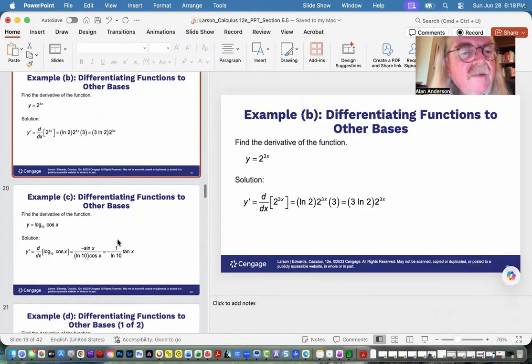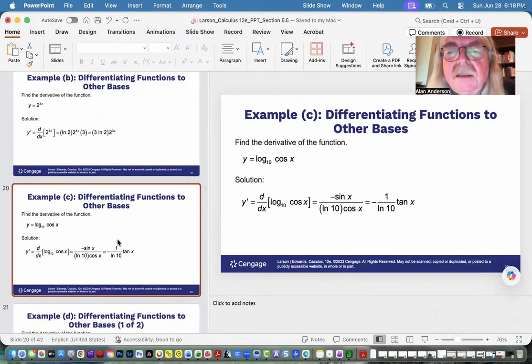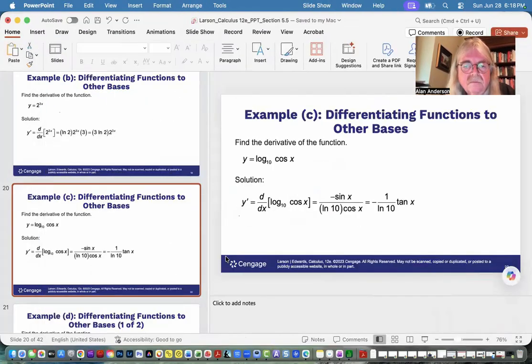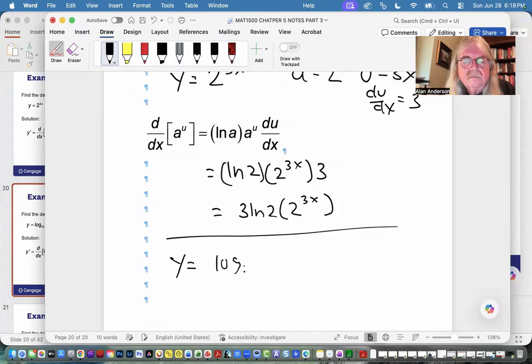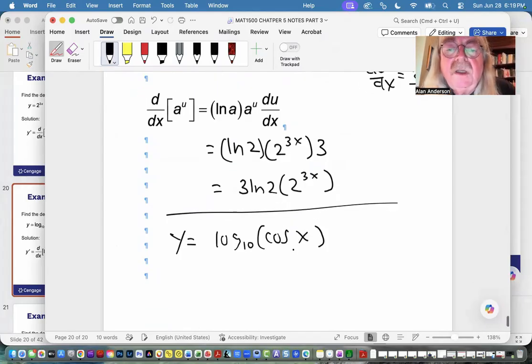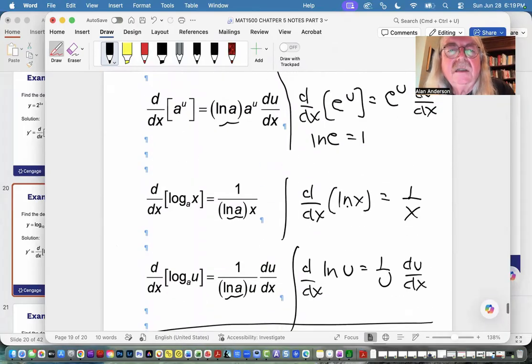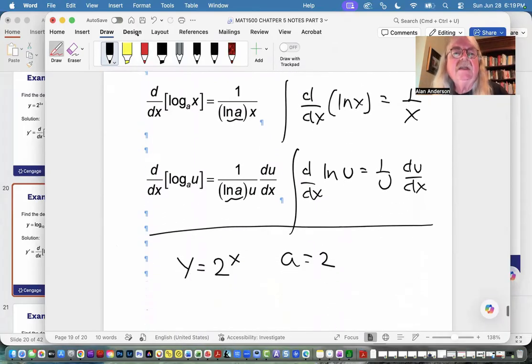Wow, what else do we have? Oh my God, look at this disaster. Log 10 of cosine x. So we can think of this as log a of u, and that would be this one.